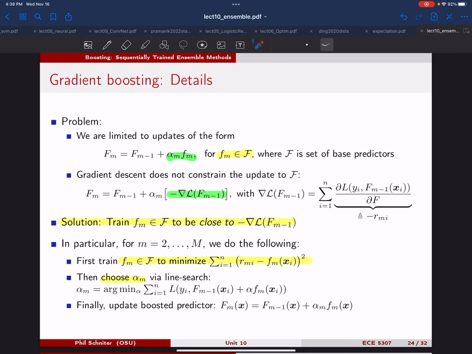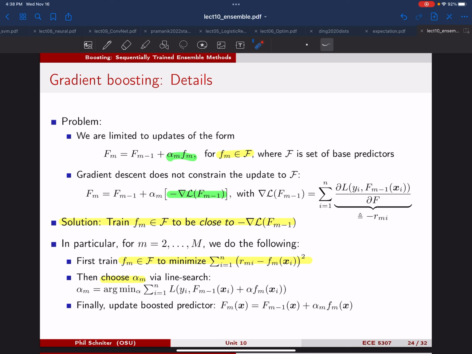So here we're going to add our FM that we just decided to our previous boosted classifier with some scaling alpha, and we will just do a search, maybe like a grid search over different alphas, so that our loss over all our training samples is minimized. So now that we know our FM and we know our alpha M, we just multiply them together to add this new term to the previous boosted classifier to get the next boosted classifier, or predictor, regressor, whichever one.